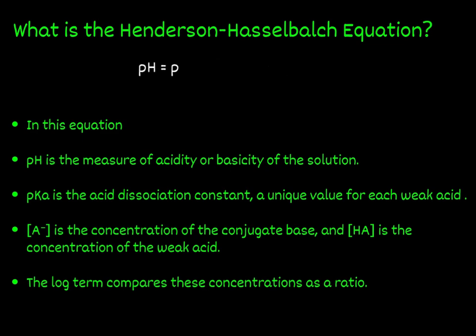In this equation, pH is the measure of acidity or basicity of the solution. pKa is the acid dissociation constant, a unique value for each weak acid that tells us how easily it donates a proton. [A-] is the concentration of the conjugate base, and [HA] is the concentration of the weak acid. The log term compares these concentrations as a ratio. This equation is especially useful for buffer systems, solutions that resist changes in pH.